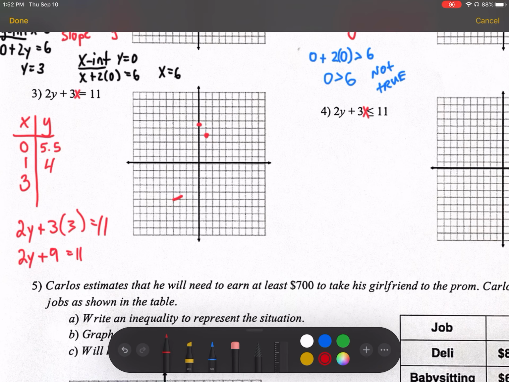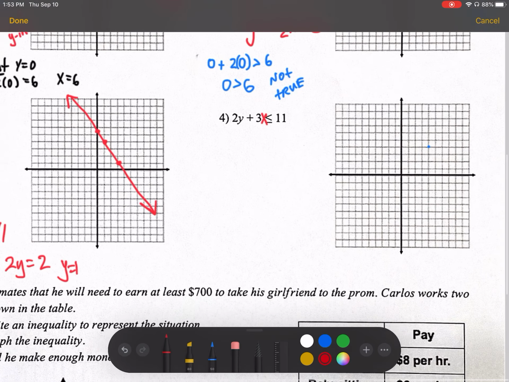When we subtract 9, we get 2, so y is 1. So 3, 1. And then we can just draw our line. So that's that one graphed.